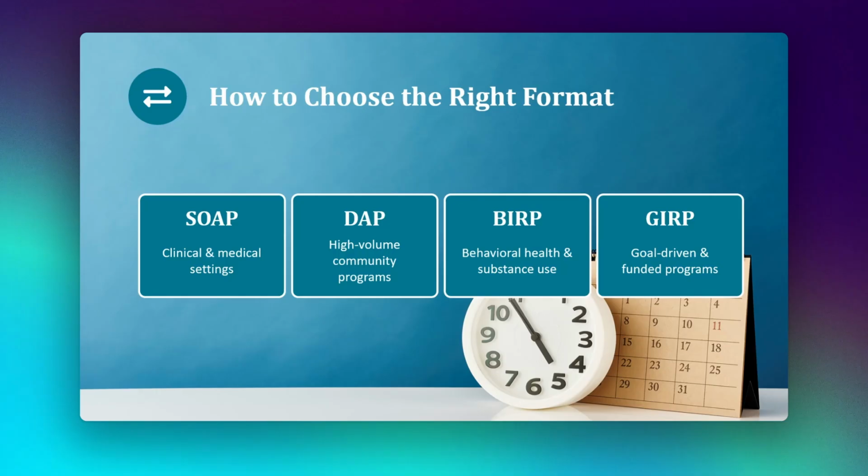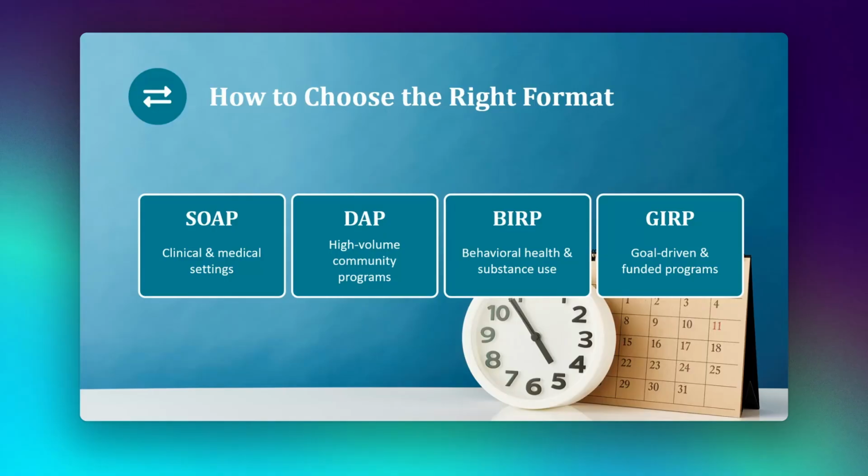Okay, so now that you know all 4 note type formats, how do you actually choose? Here's a quick decision framework. SOAP for clinical and medical settings. DAP when you're moving fast and need efficiency without sacrificing structure. BIRP when you're in behavioral health or substance use, and you need to document specific interventions for billing or outcomes.